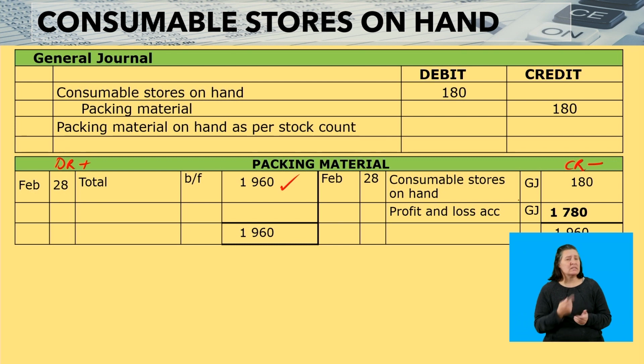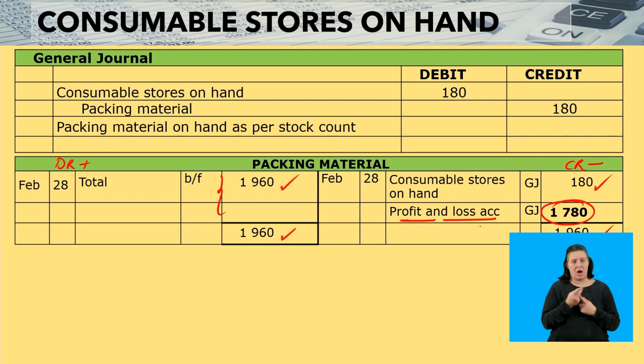However, we are told that we have consumable stores on hand now, which is 180. It therefore means if I close off my ledger account, I'm getting the total. It becomes 1,960, 1,960. The difference becomes 1,780. This is what I then close off to my profit and loss account. This is what was used in this financial year.